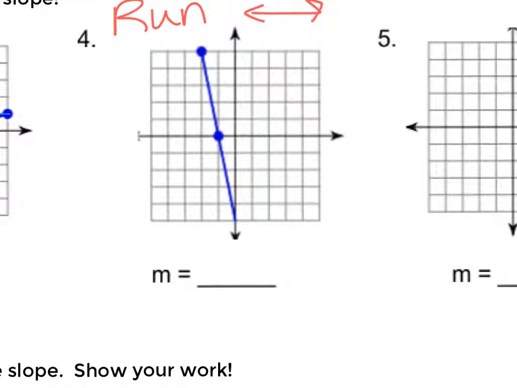Number 4, what type of slope are we looking at? It is negative. We are going downwards and then over. So we're going down 5 over 1. Or if you happen to just write it as -5, I'm groovy with that too.